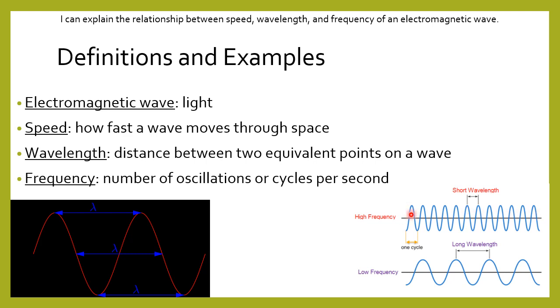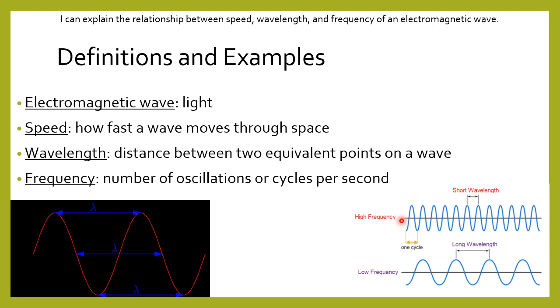So in this wave here on top, I just count here starting from the bottom. So there, that's where it starts. That'd be 1, 2, 3, 4, 5, 6, 7, 8, 9, 10, 11, 12 cycles in a second. If this wave went from here to here in 1 second, so that frequency would be 12 hertz.